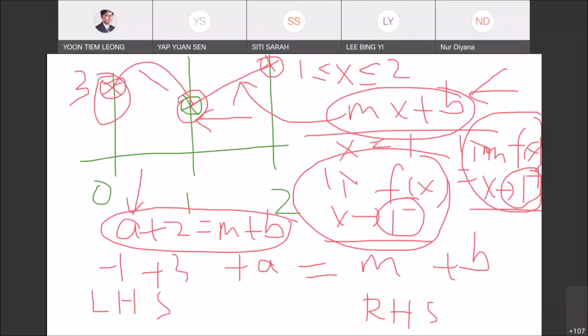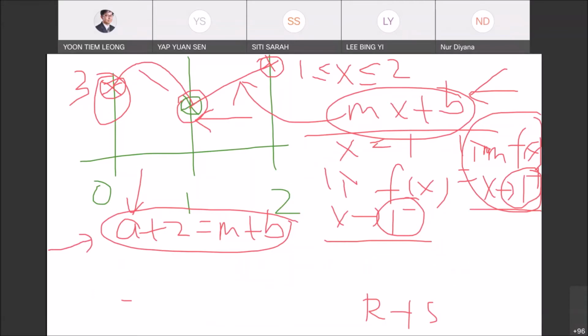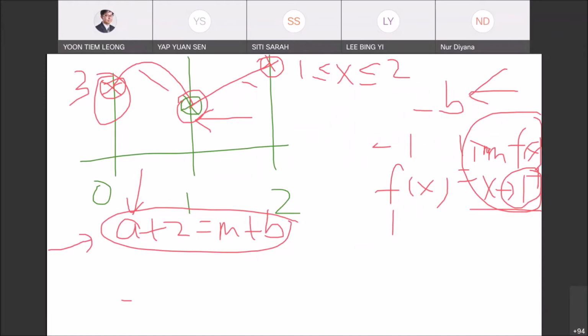Okay, so now I have come to the situation where I have formed an equation of a plus 2 equals m plus b. So here m and b are not known, but I have already got the equation that describes m plus b. Okay, so then what I'm going to do is proceed to look at the equation where x is located at 2.